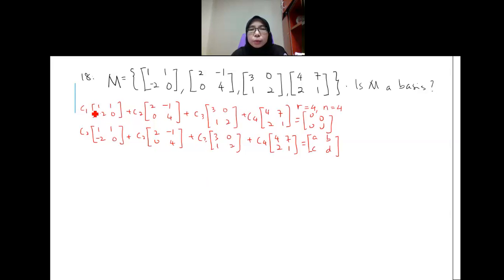So done linear combination. So next is you're writing a linear system. C1 plus 2C2, alright, plus 3C3, okay, plus 4C4 equals to 0. Okay, so that one is first equation for first entry. Second equation is for second entry, C1 minus C2, okay, plus 7C4.